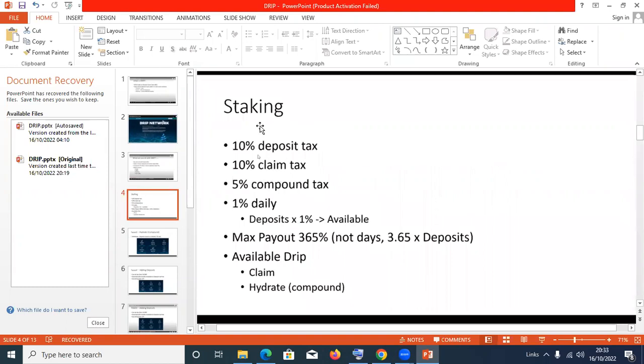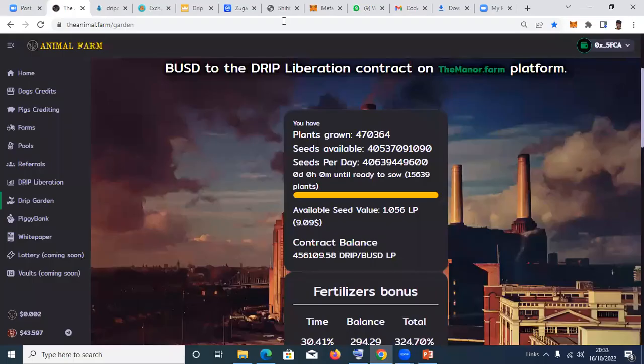How do you make money on this staking? So there's what is called a liquidity pool on the DRIP network. So let me just save this theory and go straight to the practical aspect so that you will understand better what we're talking about.